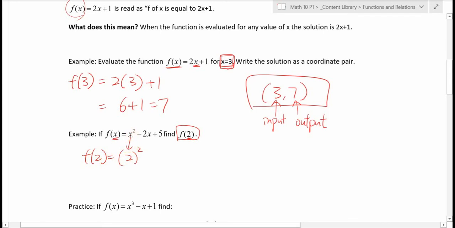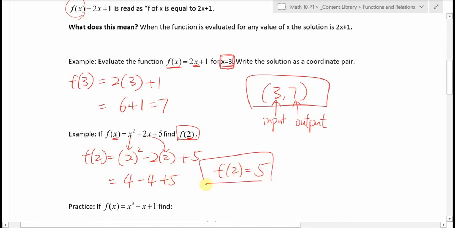Instead of writing an x, I'm going to write a 2, and again, instead of x, I'm going to put a 2 there, because we're evaluating f of 2. The plus 5 is still there; that's not changed. So 2 squared is 4, 2 times 2 is 4, and then plus 5, and therefore f of 2 equals 5. That is your answer. You do not need to write it as a coordinate pair if it doesn't ask you.